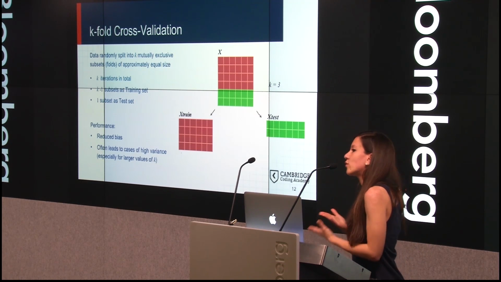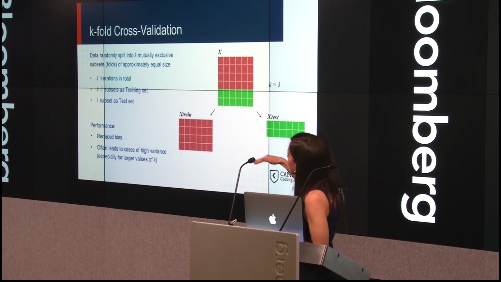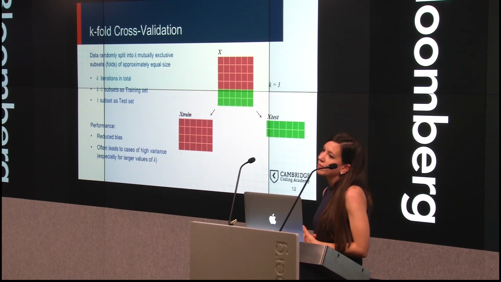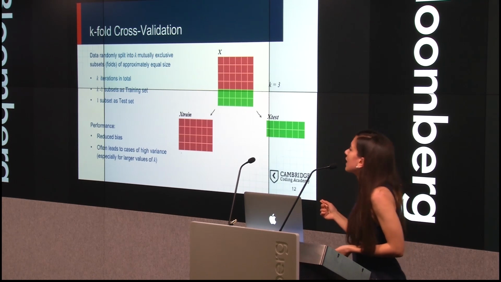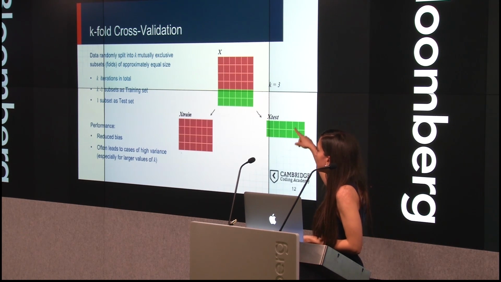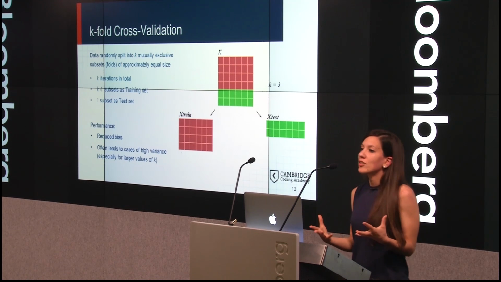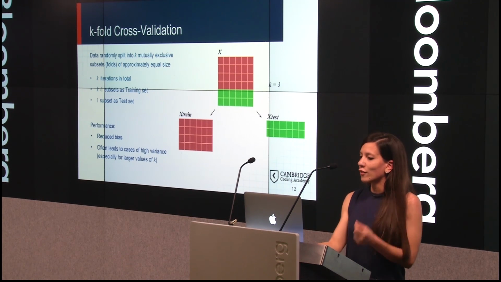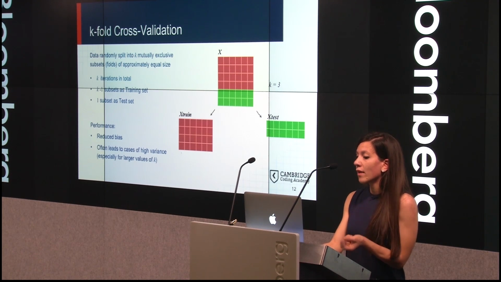By doing so, we reduce the bias, and depending on how many splits you're going to use, this may often lead to cases of high variance. The beauty with this technique is that all the results from the independent iterations are averaged. So you can have a more robust and a more accurate result out of your validation technique.